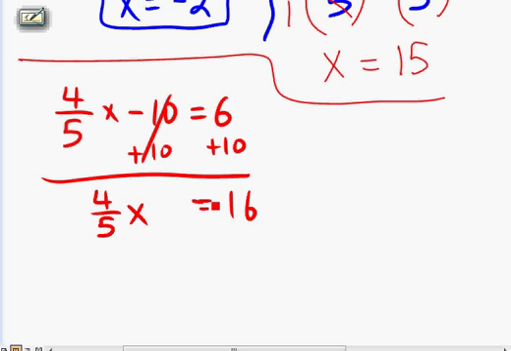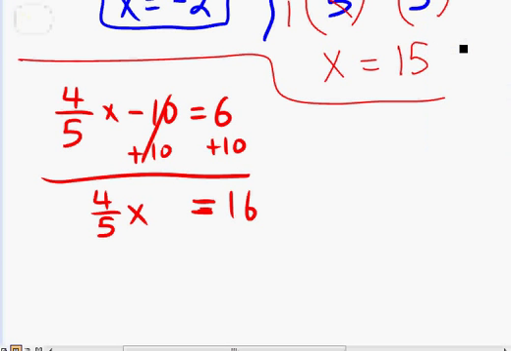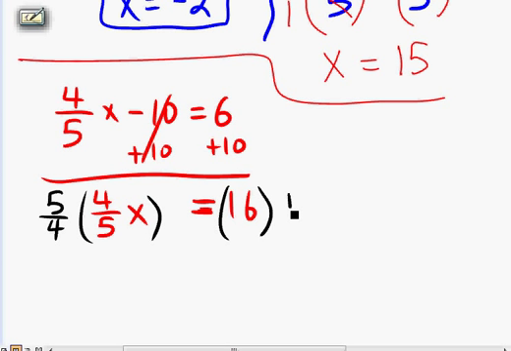And now we have a fraction, and if you remember from the previous video on one-step equations, to get rid of the fraction there, we can multiply by the reciprocal. The reciprocal of 4/5 is going to be 5/4. So we multiply both sides by 5/4. Left side, the 5 and the 5 cancel out, along with the 4s.